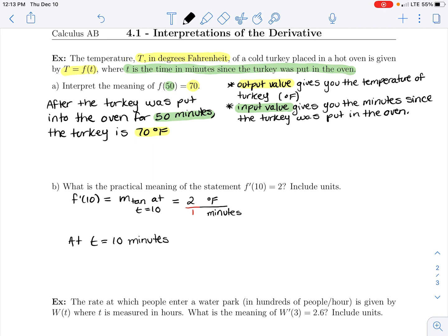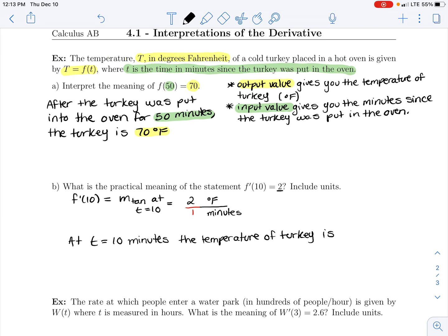So the temperature of the turkey is, and now I need to figure out, is this increasing or decreasing? Well, now I need to go back to my slope here, and is this a positive number or a negative number?